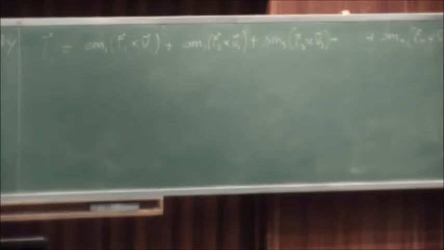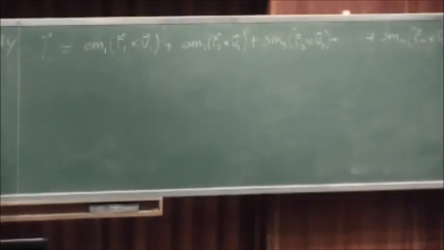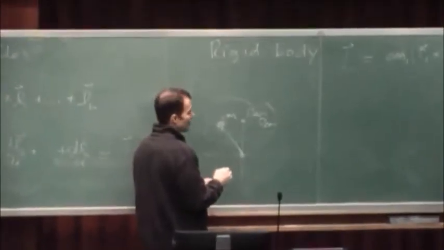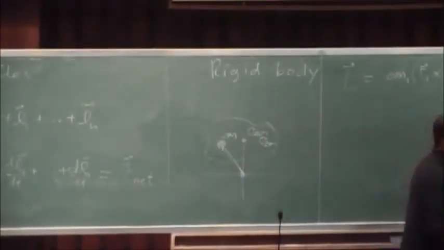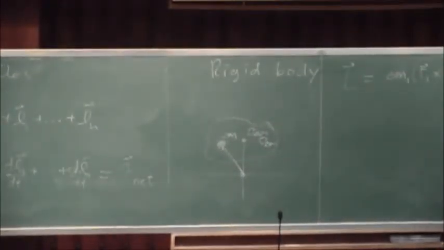If I have a particle, I come up here, and let's say this is all spinning around right here. Suppose my radius vector is coming out from the origin, and I go to my velocity vector. Which direction is my angular momentum going to be pointing?